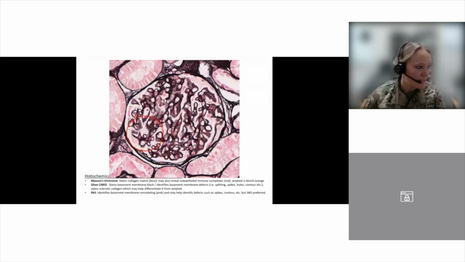But when you compare it to this, you almost have this fibrillar, brush-like appearance to the outside. This is what they call spikes and holes. So it identifies that there's some type of abnormality to that basement membrane. I think this one was from one of the immune complex glomerulonephritis cases. So in the absence of TEM, histochemical stains can help you a little bit.